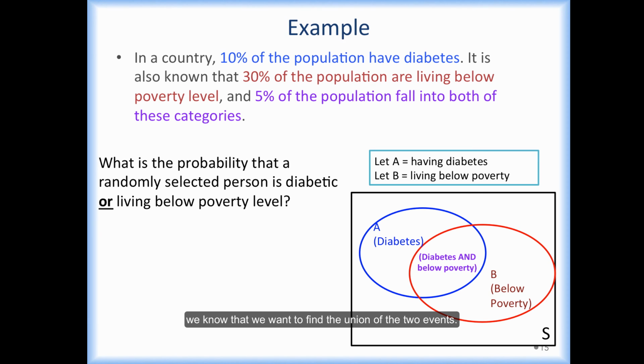From the Venn diagram, we know that we want to find the union of the 2 events. Using the addition law, we can calculate the probability of A union B by calculating the probability of A plus the probability of B minus the probability of A intersect B. So try it out, and you will find that the probability is equal to 0.35.